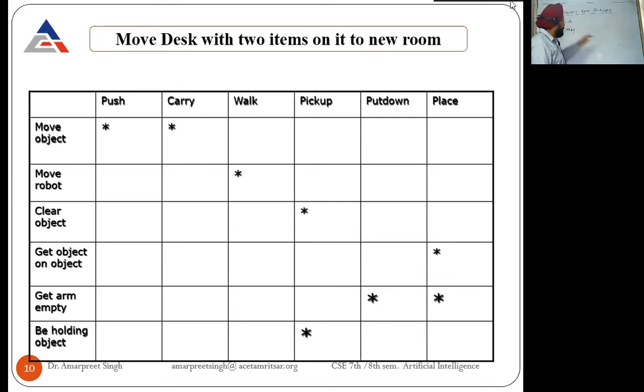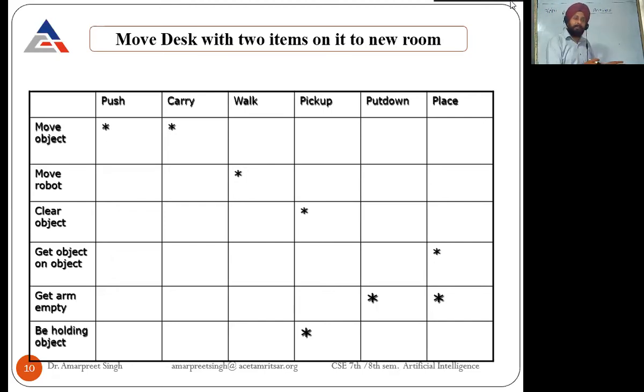So if both the desk and the item are there, the desk can be pushed and the item can be carried and then placed over. So it can be a mixture. If all the things are very heavy, then you have to push only. If both the desk and your items are lightweight, you can carry all the things.